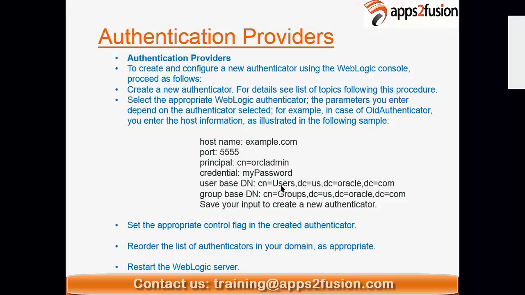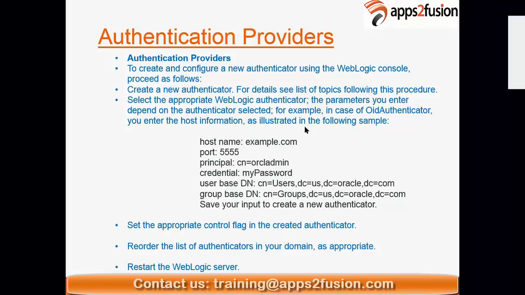You will not be extracting everything from AD. In AD there will be a folder called groups, and under it all your groups, new users, new employees, whoever is joining will be created. So only these will be mapped. This way you can create a new authentication provider in your WebLogic console.